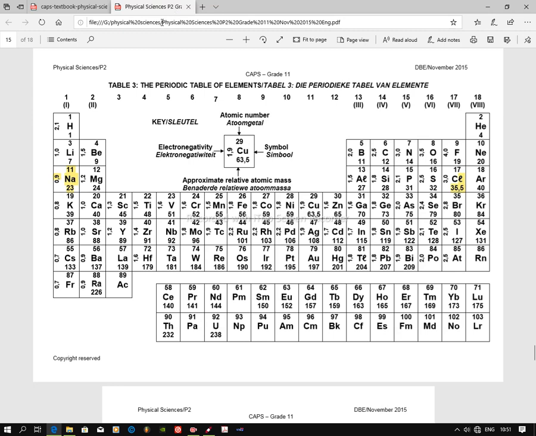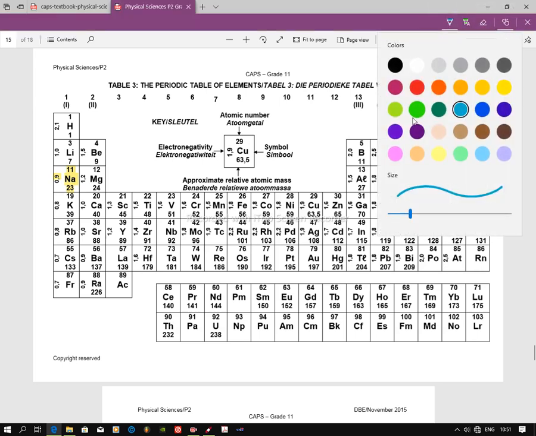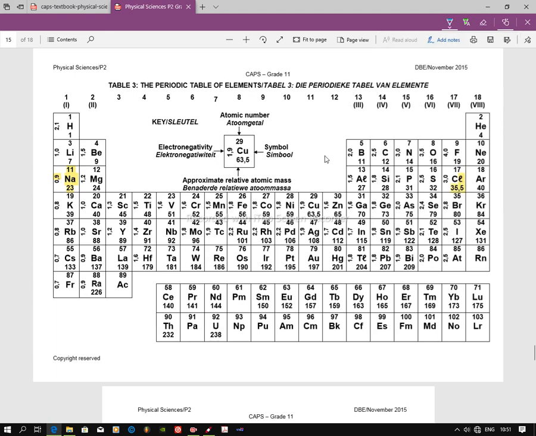In order for us to calculate the molar mass of sodium chloride, NaCl, we just come here on our periodic table.